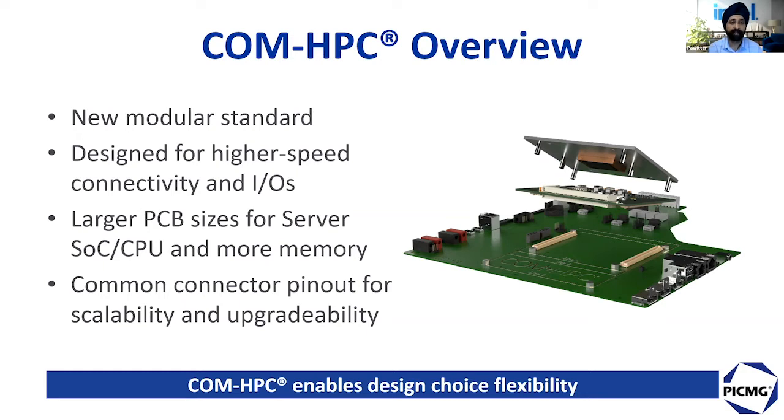It is designed to meet the compute, memory, and IO requirements of the emerging AI, deep learning, 5G, and edge applications. COM-HPC, with its modular architecture, enables design choice flexibility for easy scalability and upgradability.